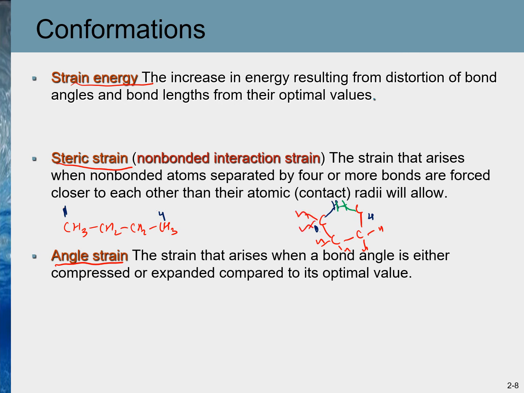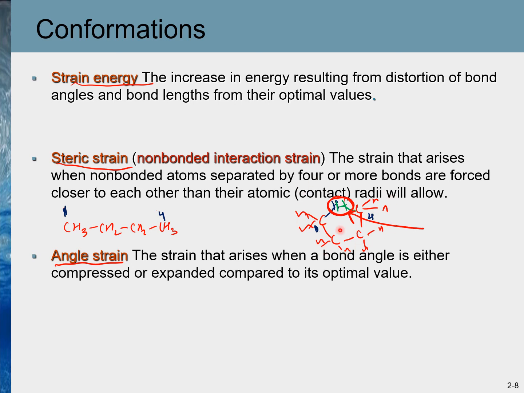and the distance between these two hydrogens is less than their atomic radii, so they are forced to smash into each other. So that results in a lot of strain in the molecule in this conformation. This is one of the conformations. And this strain will result in increase in the energy of this entire molecule.